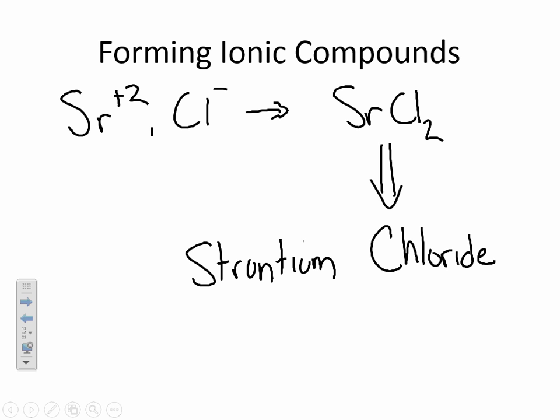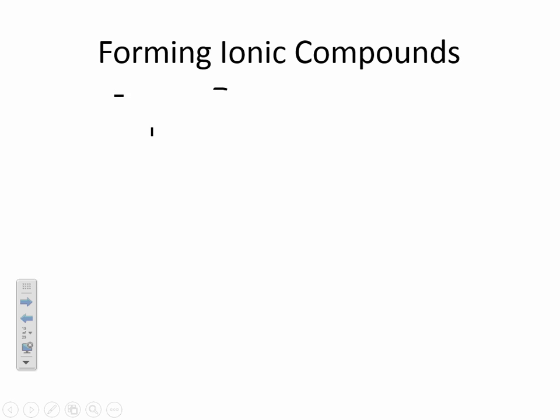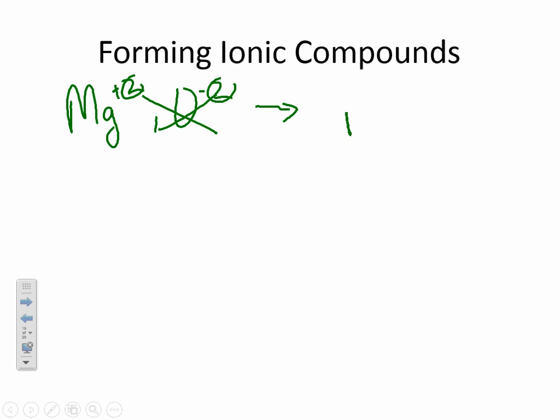All right, let's go ahead and do another example. Mg plus 2, O minus 2. Crisscross my numbers. I get 2 and 2. Uh-oh. What happens when I get the same numbers? I cancel them out just like a fraction, and I would get MgO. Now, let's go ahead and name MgO. What's the positive part of MgO?